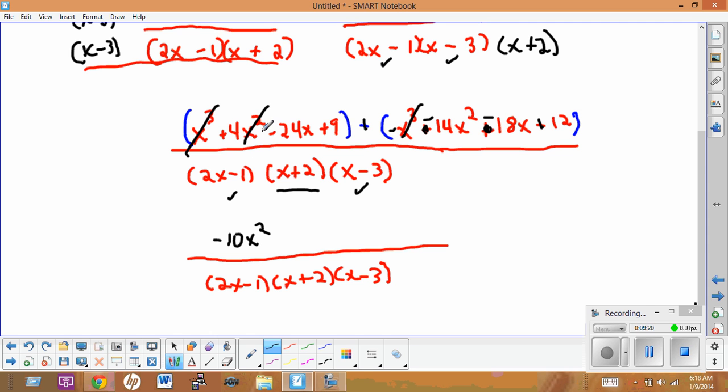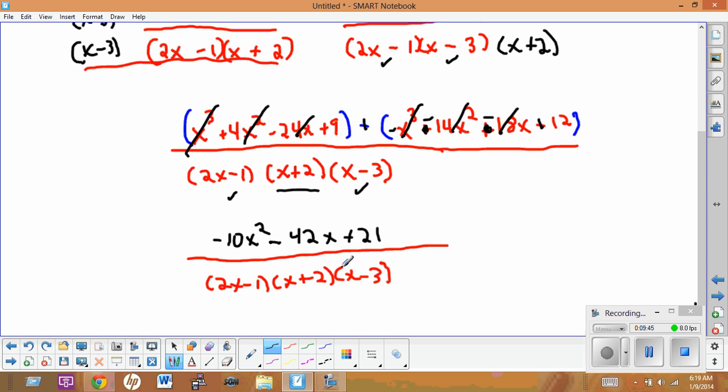We have negative 24x and negative 18x, so adding them together, I get a negative 42x. We have 9 plus 12, that's going to be a positive 21. Okay, we've now simplified this.